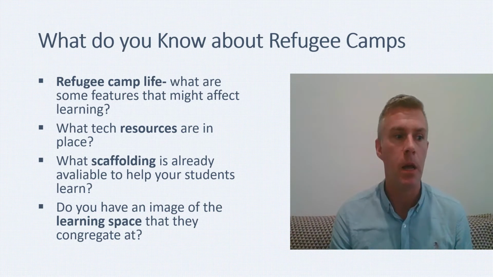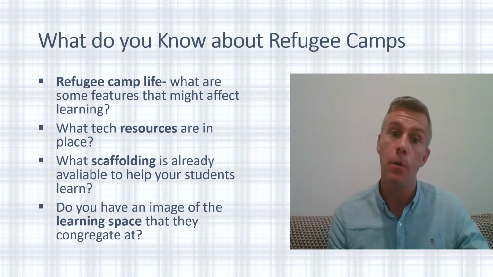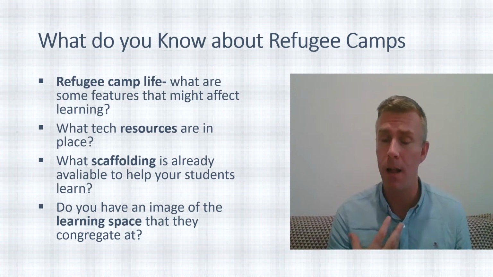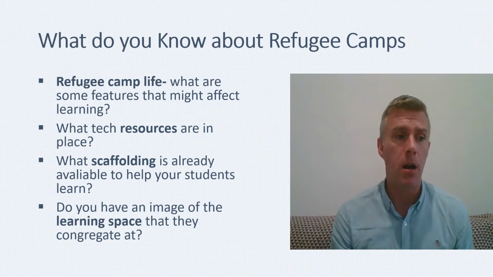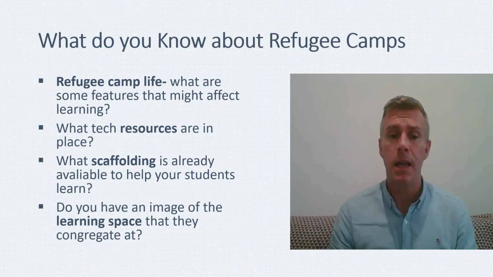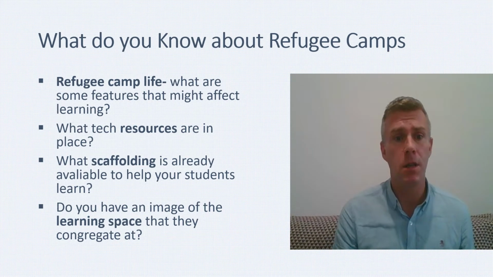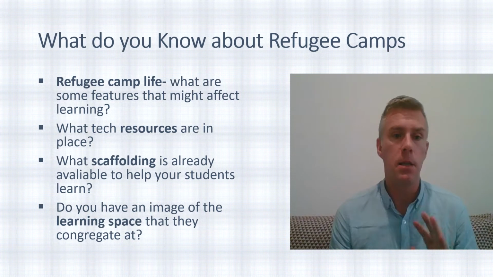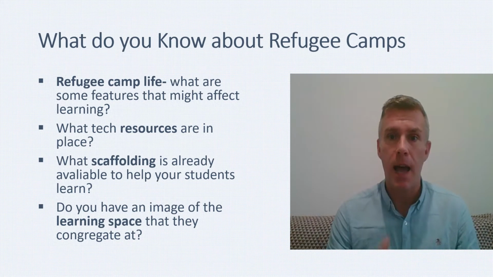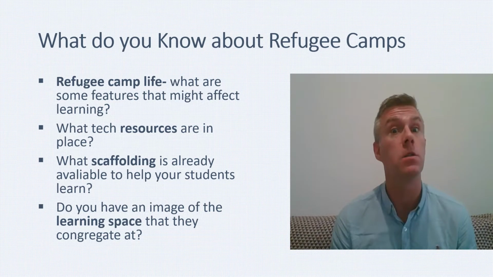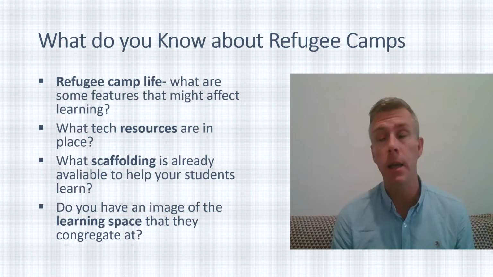For example, are there students who've already studied this course who can guide them, can help them? Is there a refugee management system in place that can make sure that the learning experience works pretty smoothly for them? A lot of this is about asking questions and really finding out about the conditions that the students live and work in.